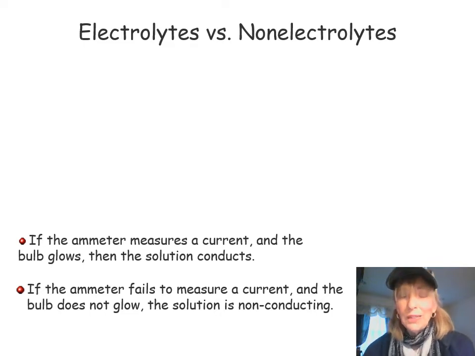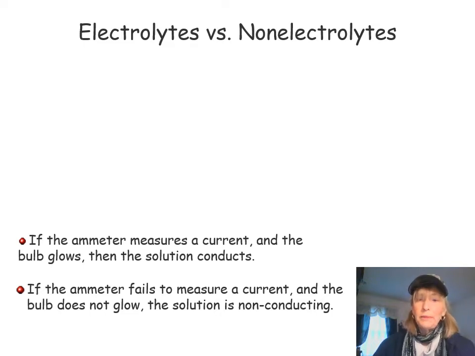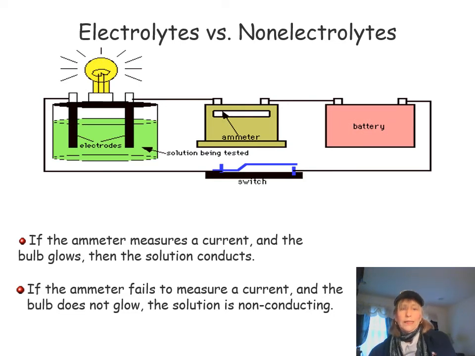Electrolytes versus non-electrolytes. Let's start at the top. Let's show you a setup to be able to distinguish between a solution that contains electrolytes versus a non-electrolyte. So we show the solution being tested.